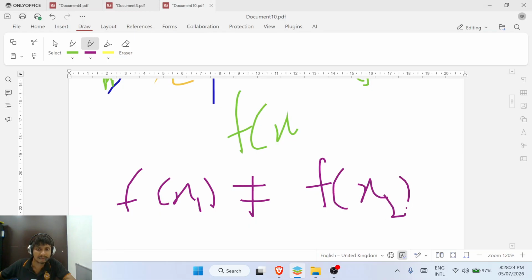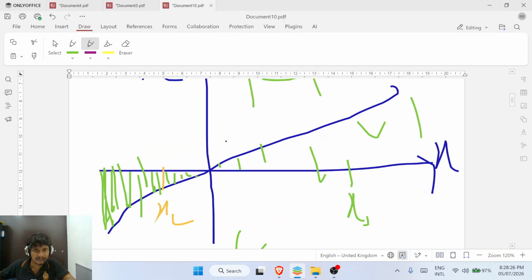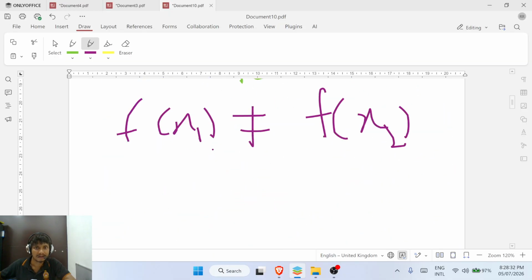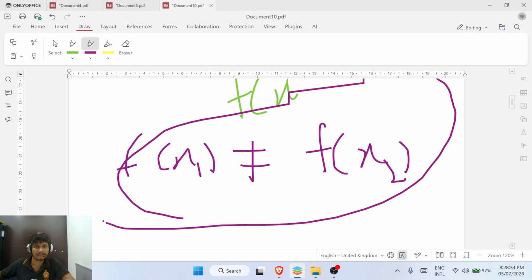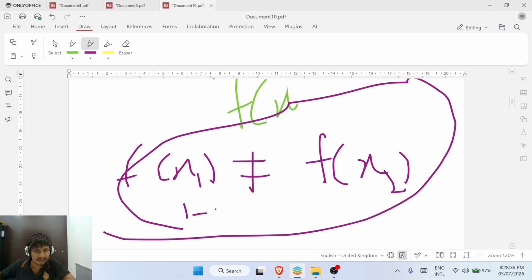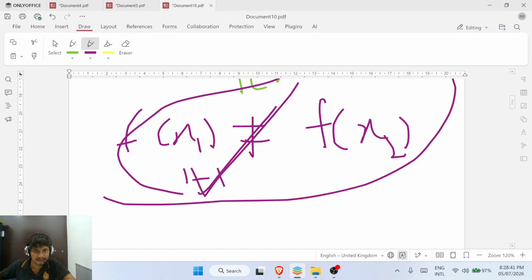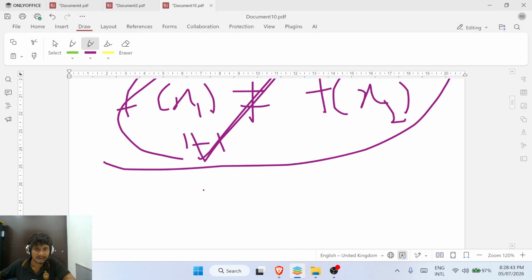Every x has a unique value for f of x in the range part. Therefore, this is a one-to-one function. Every x has different, unique values for f of x in the range part. Therefore, this graph is a one-to-one function.